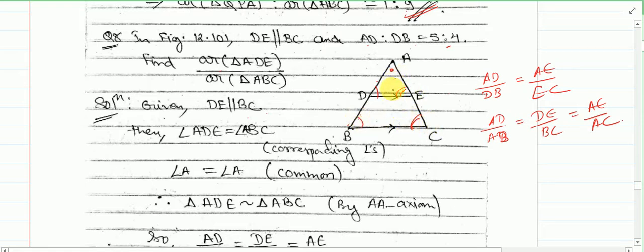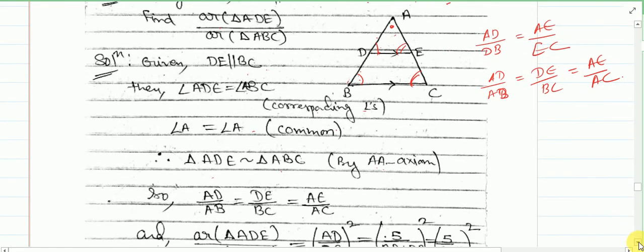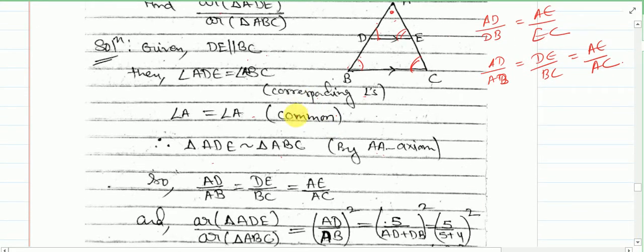So these two triangles, the smaller one ADE and the bigger one ABC, are going to be similar due to the AA axiom. Angle ADE is equal to angle ABC, corresponding angles, and A is the common one, and therefore these two triangles are similar due to the AA axiom. And since they are similar, corresponding sides are going to be proportional. So we got this clear.